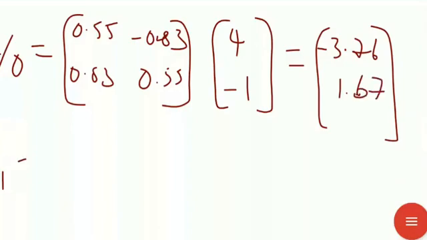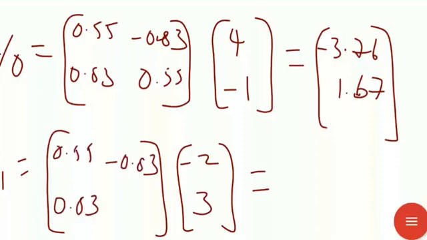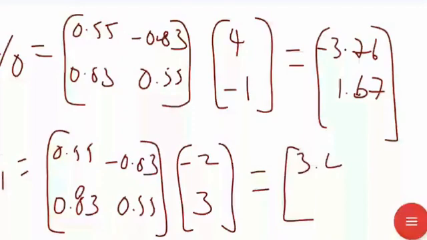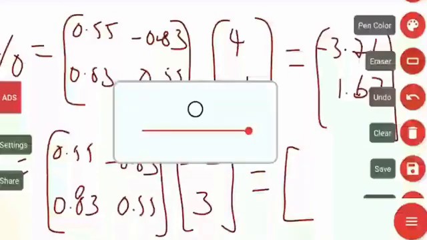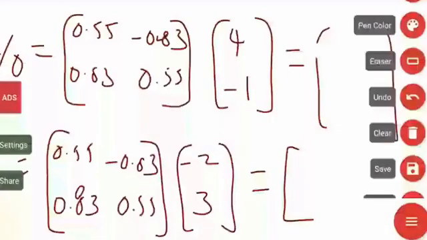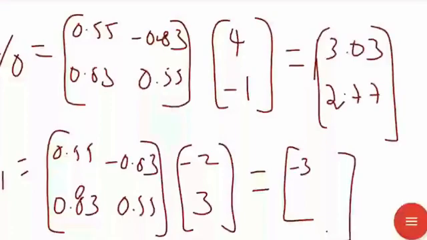Now y1 is the same thing, using minus 2, 3, with the same matrix, giving minus 3.59, minus 0.01.